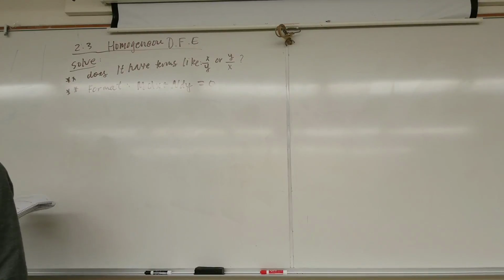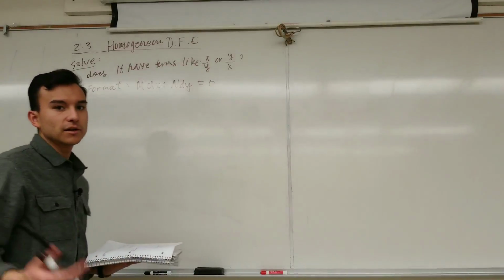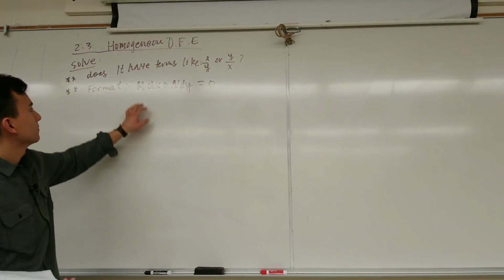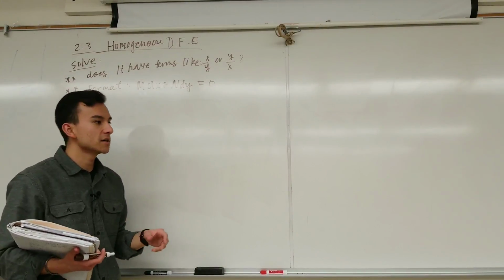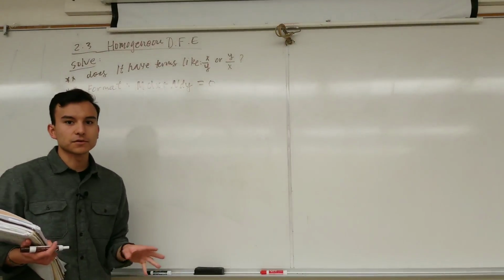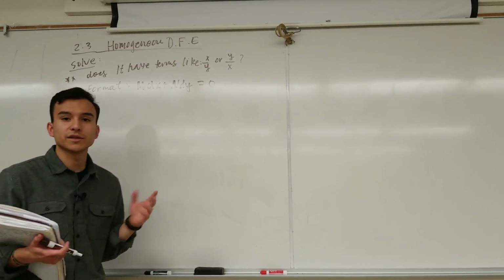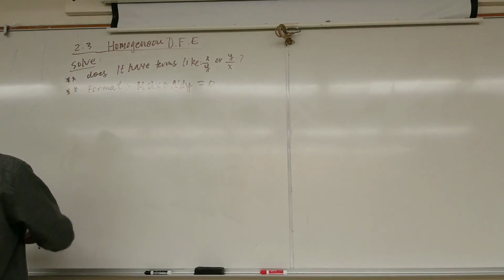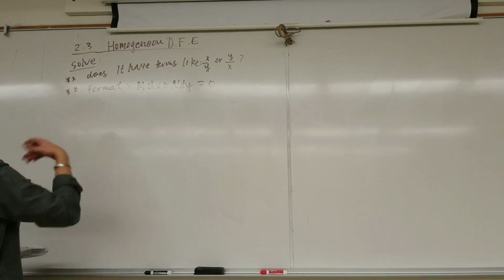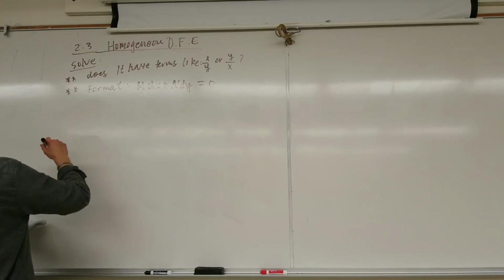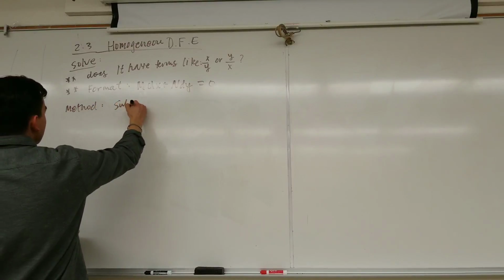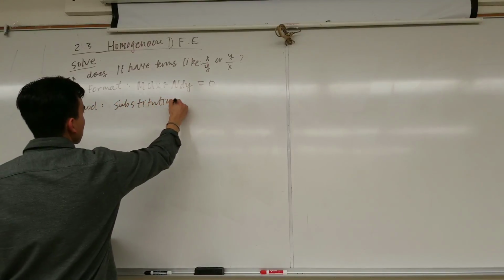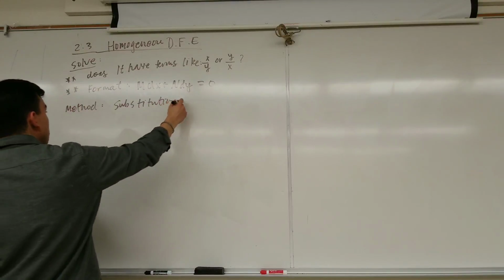Okay? And if you've ever taken multivariable calculus, this may seem like something you did in that class, because when you're solving for a conservative vector field, you might do a similar computation like this. But we're going to be solving for different things. Okay, so the method we're going to be using is basically a substitution method.